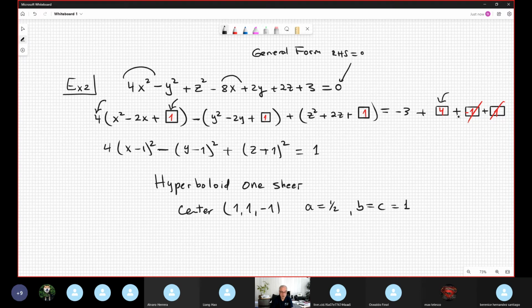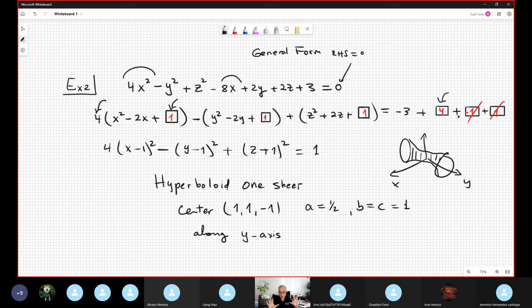And the most important detail: it is along the y-axis, because the y variable is the negative one in the equation. Do you see or no? So it looks like that. A hyperboloid of one sheet looks like that. Good or no good?